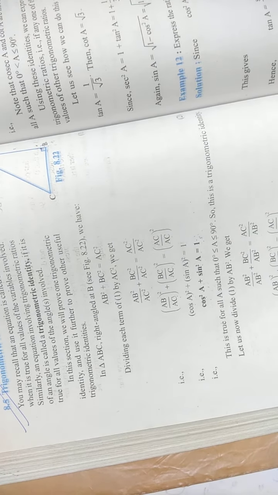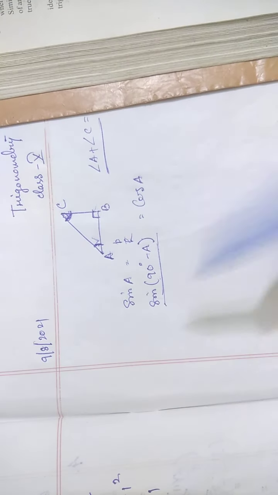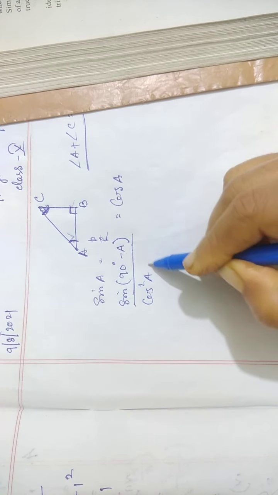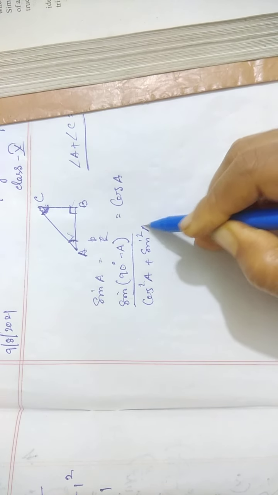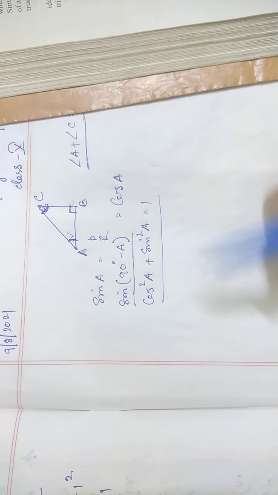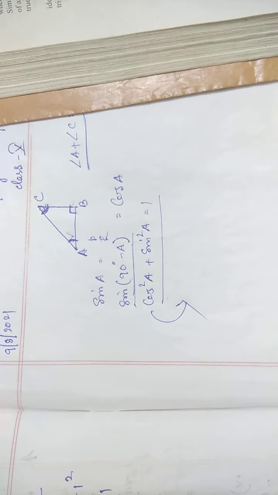Okay. So what formula did we get? We got the formula cos square A plus sine square A equal to 1. This is the formula. From this formula you can find other formulas.